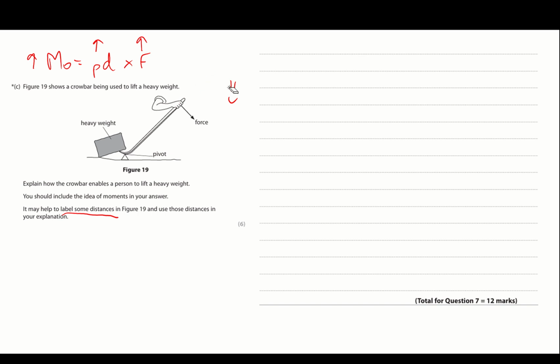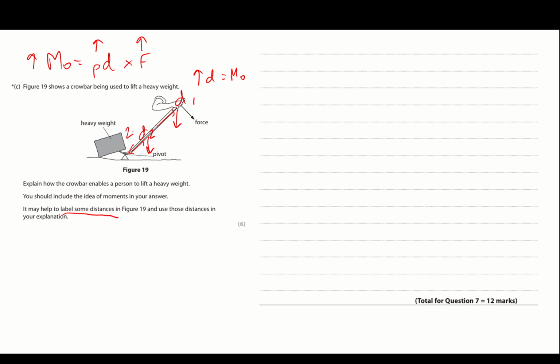So what I could do to help answer this is I could say I've got distance 1 here, distance 2 here, and the same force. And the idea is that the bigger the distance, if I increase the distance, I increase the turning moment. You could even put numbers on here to prove your point.